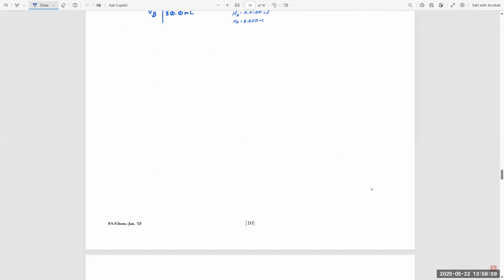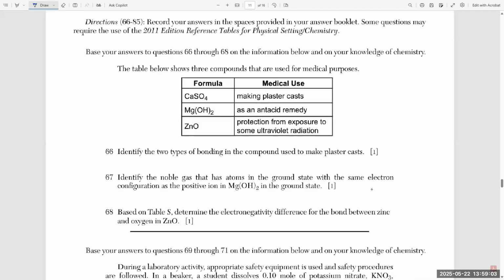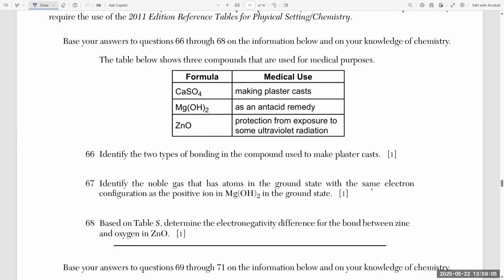So 66, let's go over here. The table below shows 3 compounds that are used for medical purposes, right? Blah, blah, blah. Identify the 2 types of bonding in a compound used to make plaster casts. That's this. So we're looking at calcium sulfate.